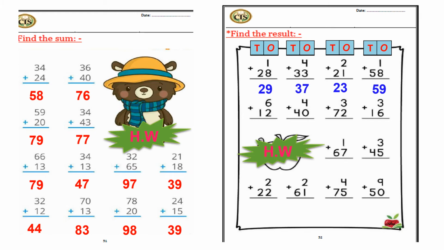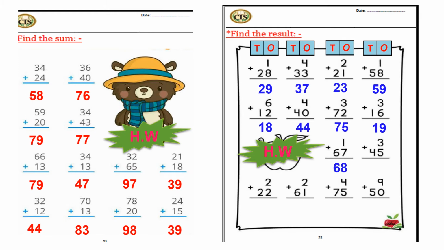So the sum is 18. 4 plus 40, 40 in my mind, after 40, 41, 42, 43, 44. 3 plus 72, 72 in my mind, 3 on my fingers, after 72, 73, 74, 75. 3 plus 16, 16 in my mind, 3 on my fingers, after 16, 17, 18, 19. 67 in my mind, 1 on my fingers, so after 67, 68.